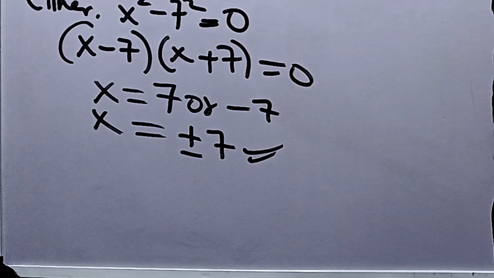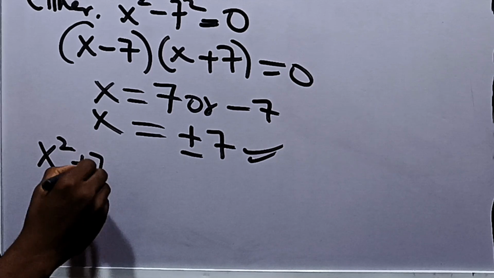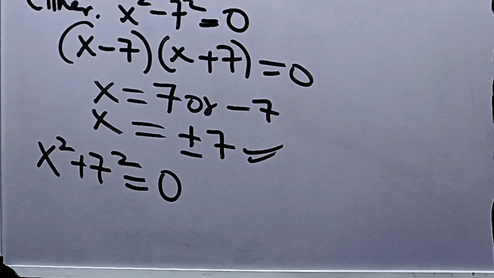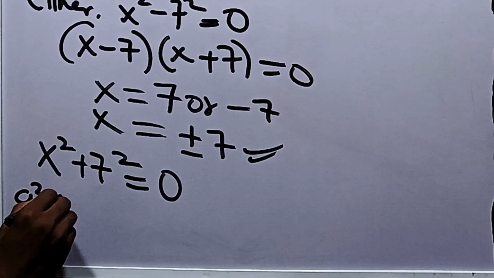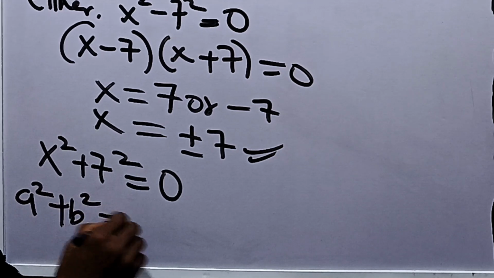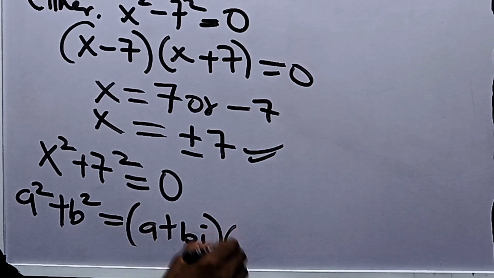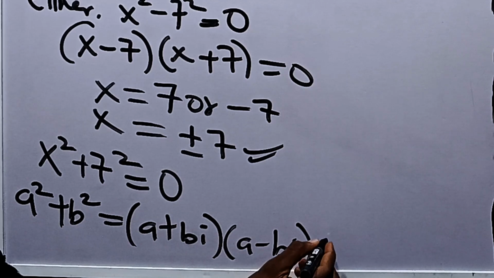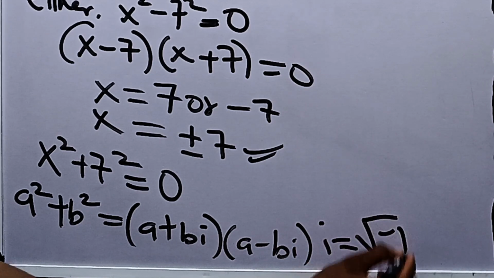Now, for the second term, we have that x squared plus 7 squared is equal to 0. Now, we're going to use a relation known as sum of two squares. Sum of two squares states that a squared plus b squared is equal to a plus bi multiplied by a minus bi, where i is equal to the square root of -1.